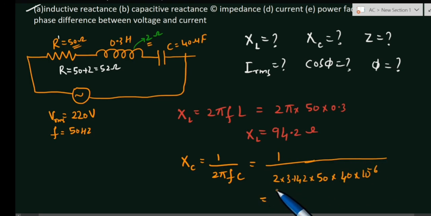And the value of XC comes out to be 79.61 ohm. And next they are asking what is the value of Z.